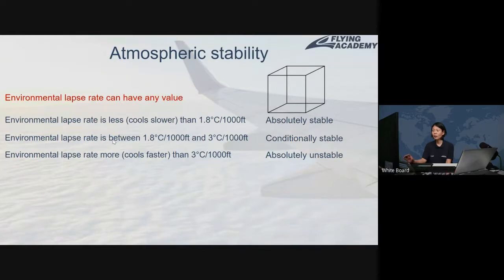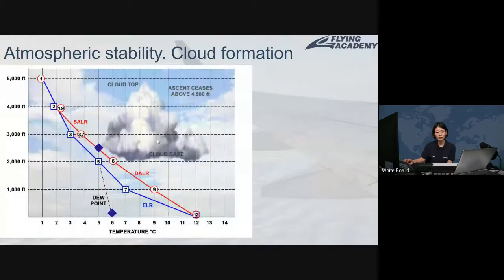So if the saturated air passes, if it is still warmer than outside air, it can still go up. Where the cloud is formed is the place of the dew point. But even though it is saturated air, if it is still warmer than the outside air, it can be pushed up. It can go up because it has energy, it wants to go up.